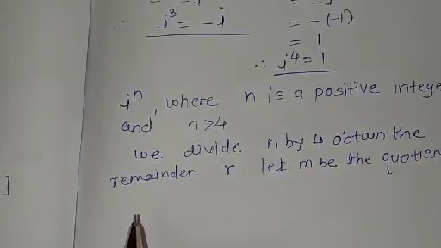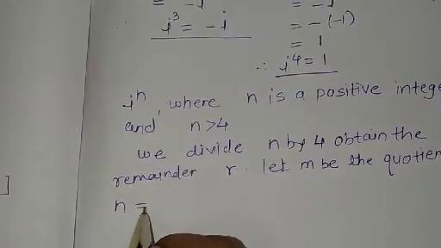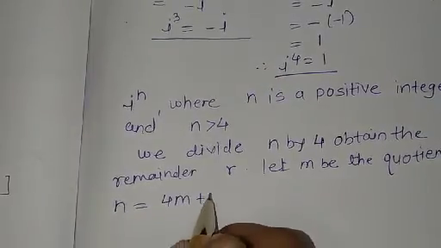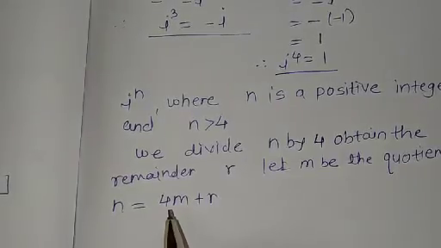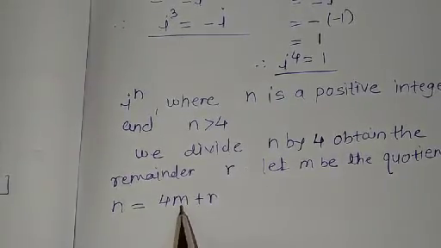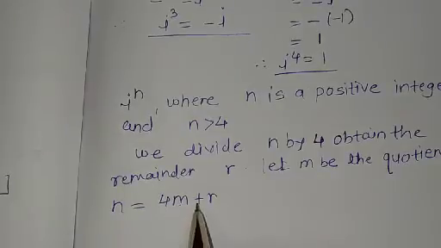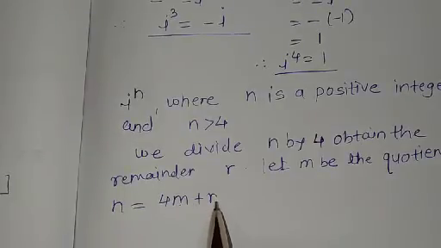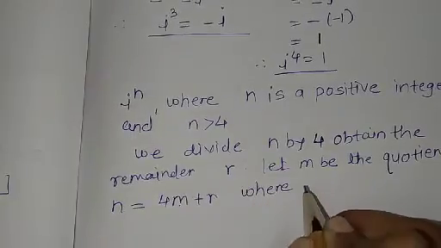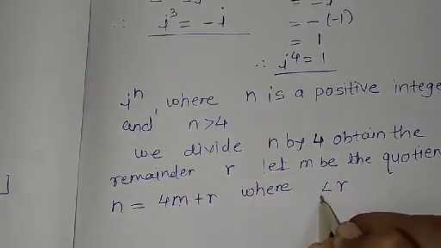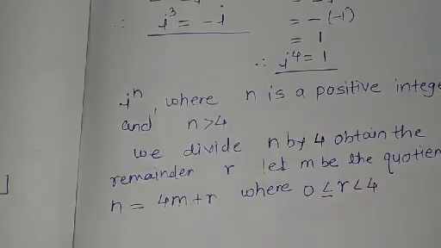So we can write n is equal to 4m plus r. That is, if we divide n by 4, we get 4 into quotient plus r, meaning remainder. And here one condition is that r lies between 0 and 4.